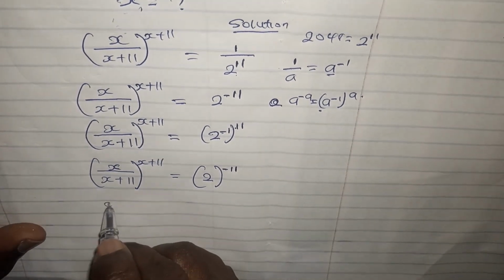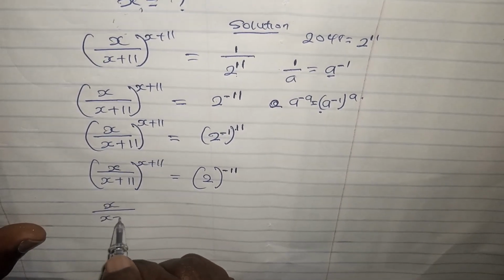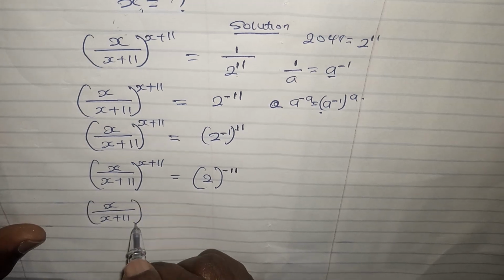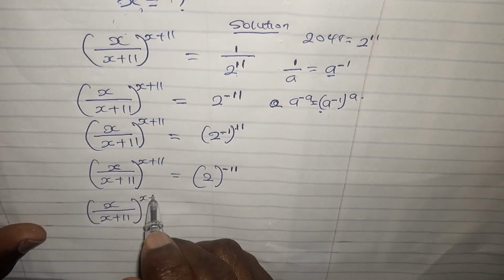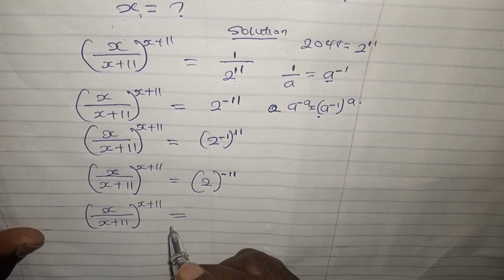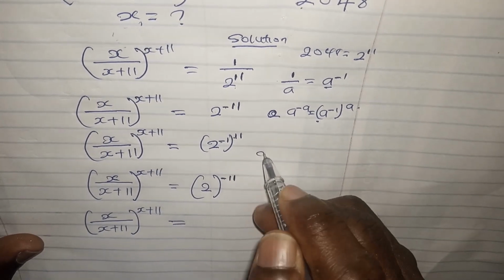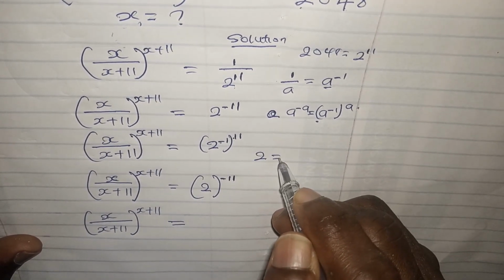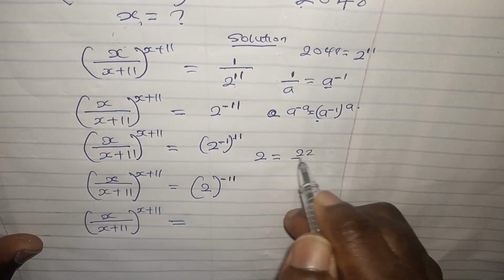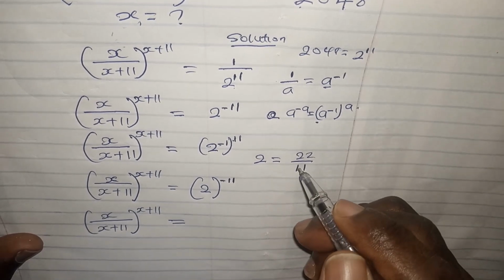So we can simply write (x over x plus 11) all to the power of x plus 11 is equal to, recall, 2 is also equal to 22 divided by 11.